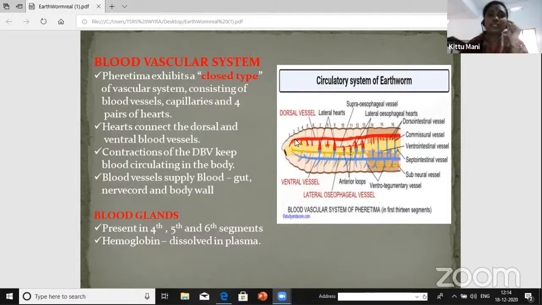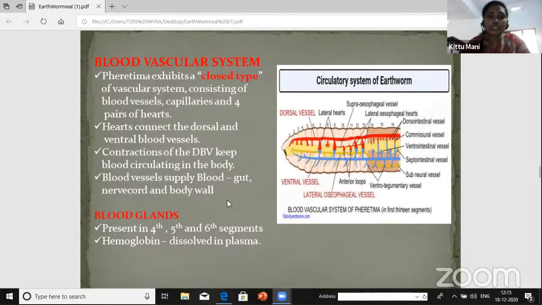The dorsal blood vessel contracts and blood circulates into the total body. Blood vessels supply blood to the gut region, means the alimentary canal region, mouth, stomach and so on, and the nerve cord, the dorsoventral nerve cord, we will observe in the nervous system, the next slide.